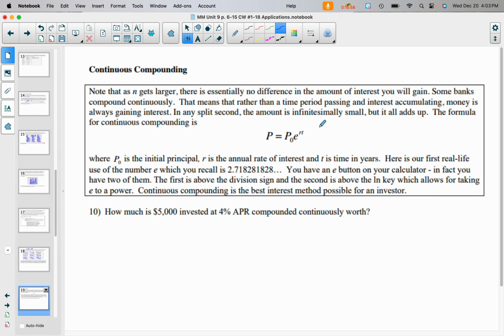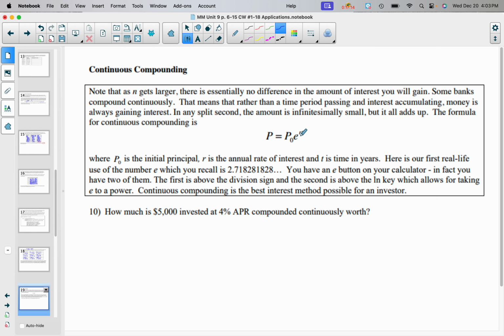You could use calculus to show what it would mean to compound continuously. As n gets larger, there's essentially no difference in the amount of interest you will gain. Some banks compound continuously, which means that rather than a particular time period passing and interest accumulating, money is just always gaining interest using this formula.